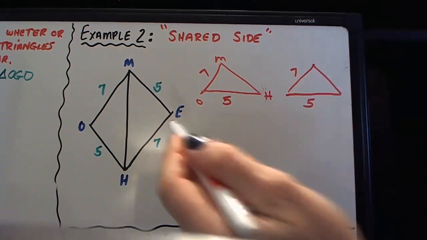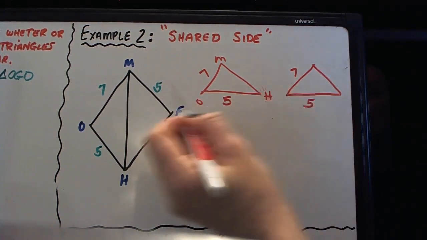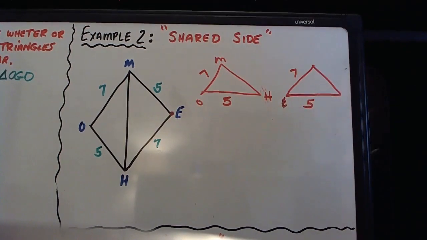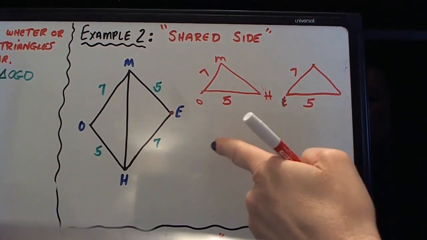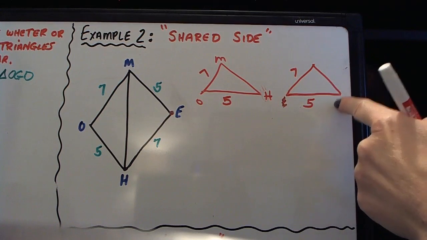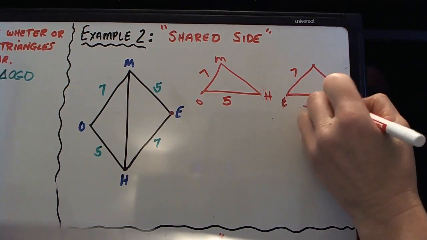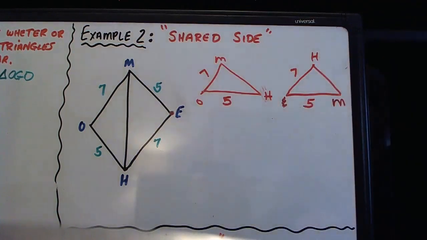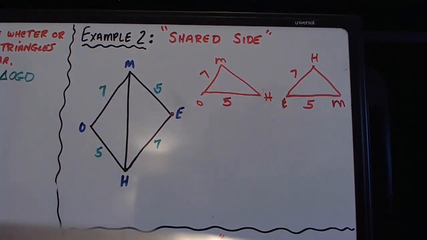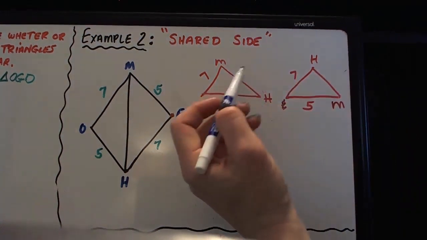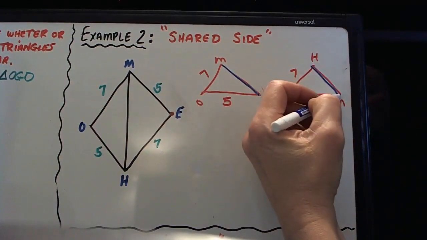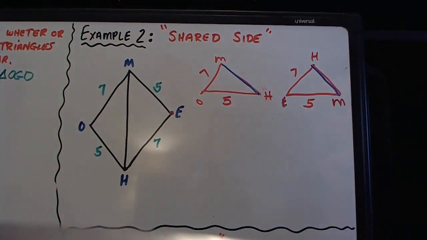We can see where the 5 and the 7 are both connecting here at the E, and this side over here with the other 5 would be the M. So this one is the H. If I draw them separately, I can see this side length here is the one I'm looking at, where MH and HM actually line up together.